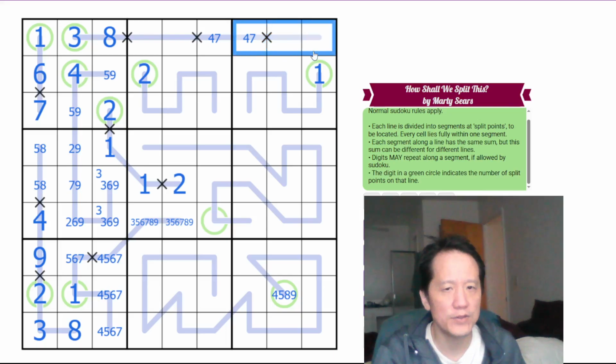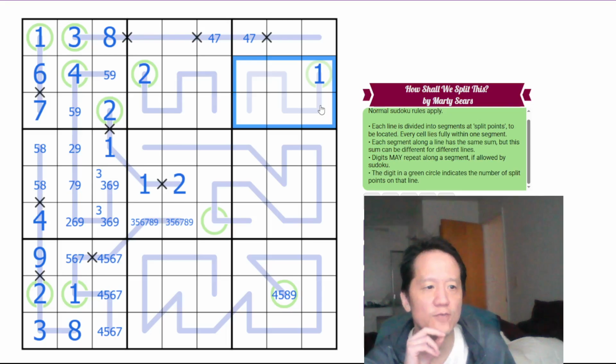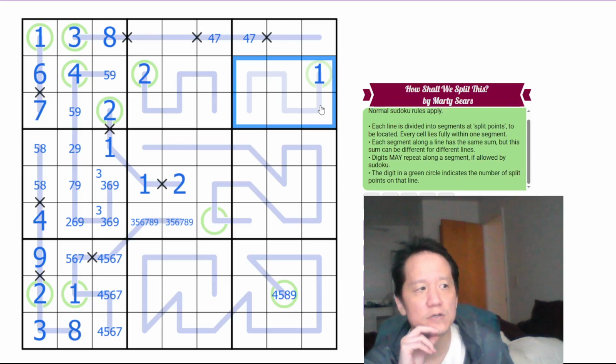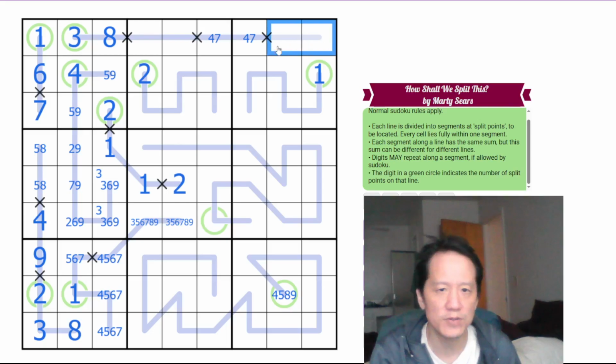Well, these 3 digits have to be odd combined to add up to an odd digit, right? Because we know this is essentially 2 times a value. So therefore, it has to be an even number for this sum of these 6 cells. Therefore, to add up to an odd number, this has to be odd.